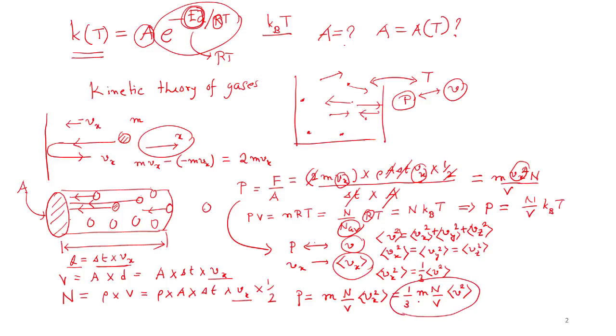Now this expression you compare with this expression, because those are two expressions for the pressure, and you can easily get the value of v square average. So you'll get that v square average is nothing but, you can see this N by V will cancel, so we'll have this 3 kBT, because this 3 will be multiplied with the kBT, by mass.